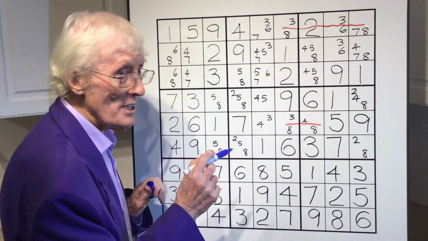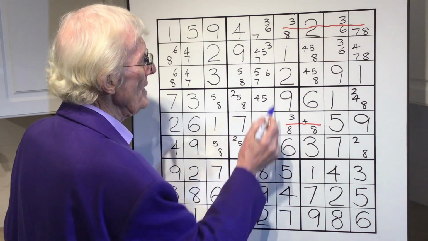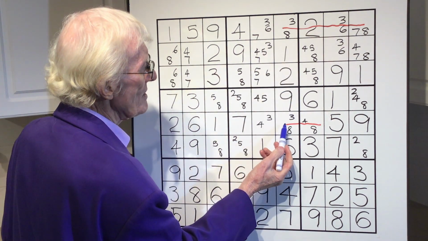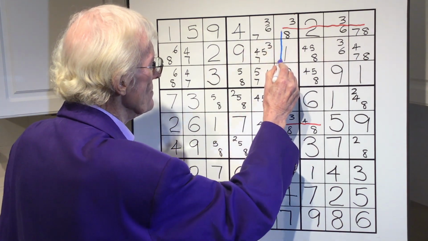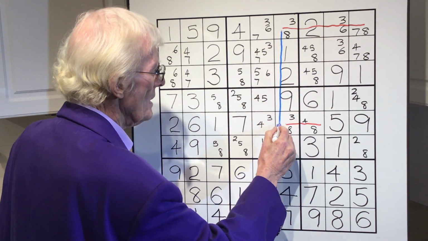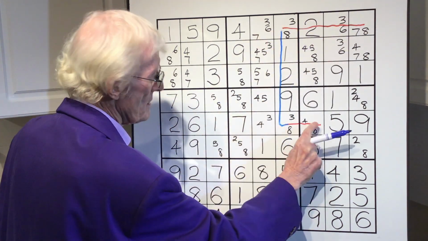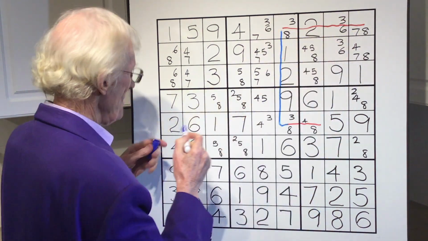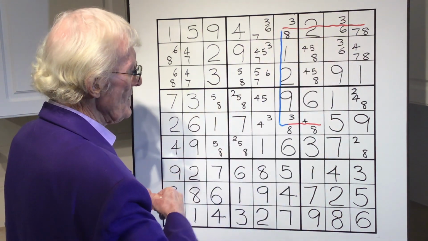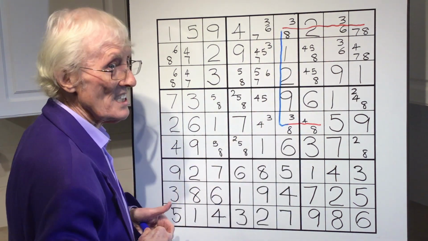Remember me talking earlier about surrogate weak links? Well, here is one. In this case, going from here to here, and I'll draw it in for you. That is your weak link. Strong, weak, strong. And this is actually a strong link, but we can use it as a weak link.